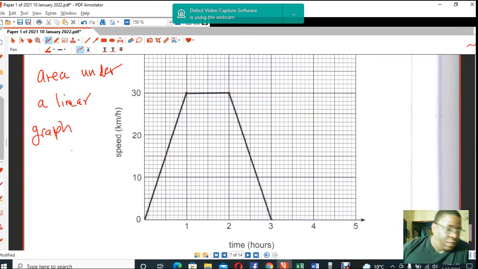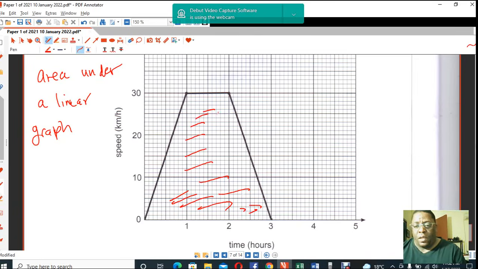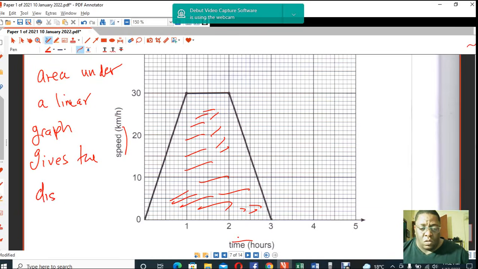This whole area here, in a speed time graph, represents the distance traveled.